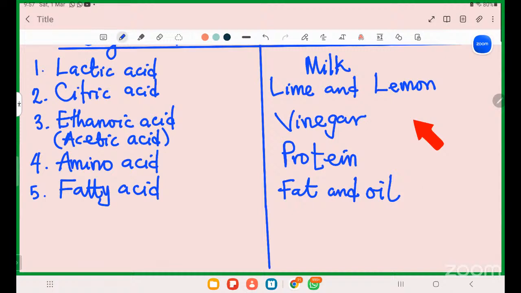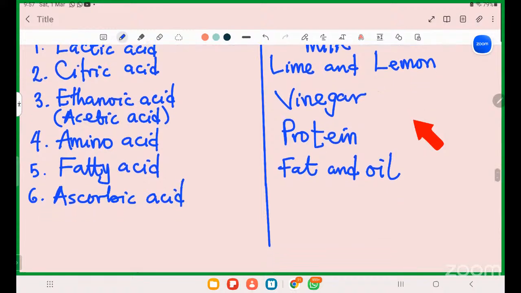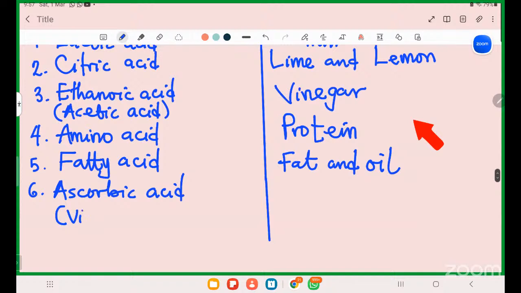Okay, we have 5 examples of organic acid there. Then we have the 6th one, which is ascorbic acid, popularly known as vitamin C. So what is the source for ascorbic acid? You get that in oranges.